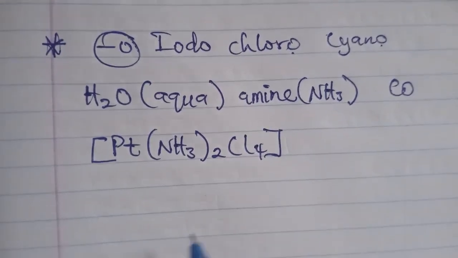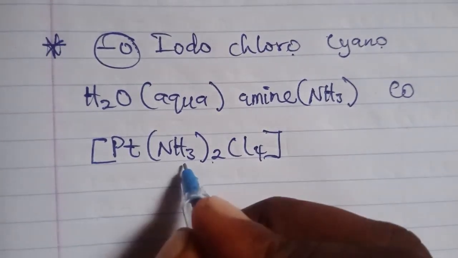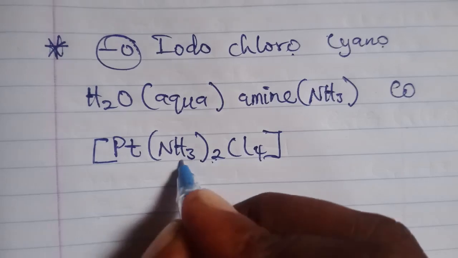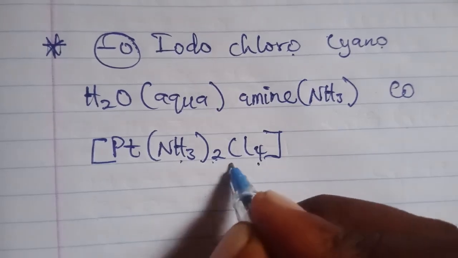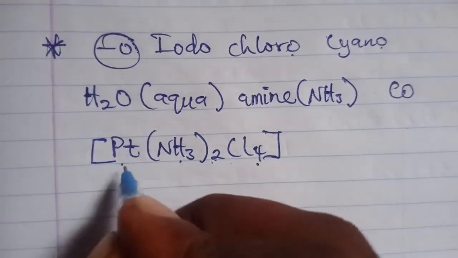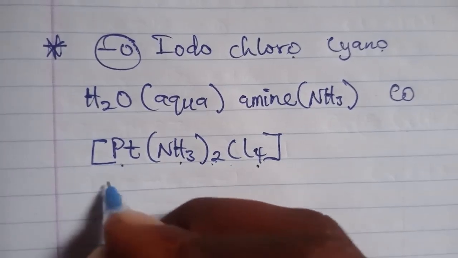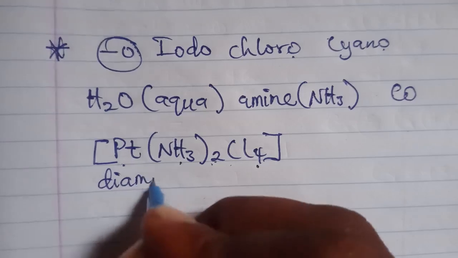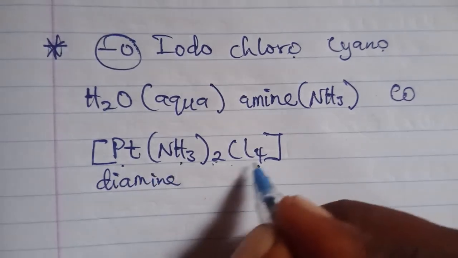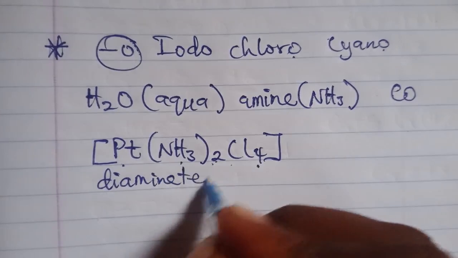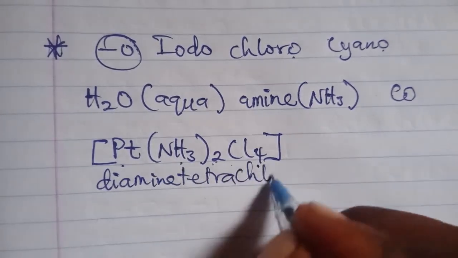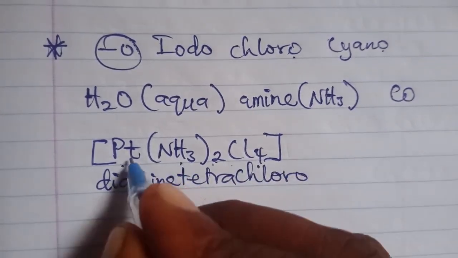You can see that amine is 2. So we can say diamine tetrachloroplatinum 4. The oxidation number of platinum here is 4. So we can say diamine tetrachloro, then platinum 4.